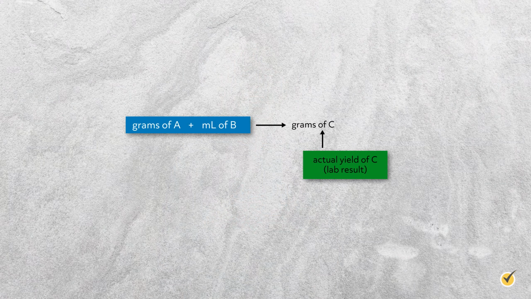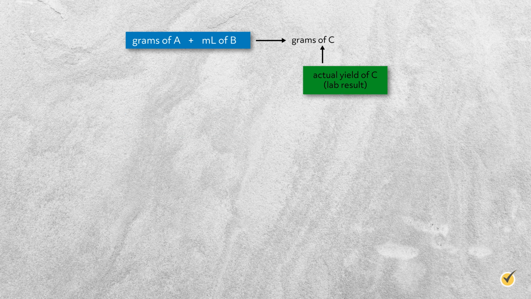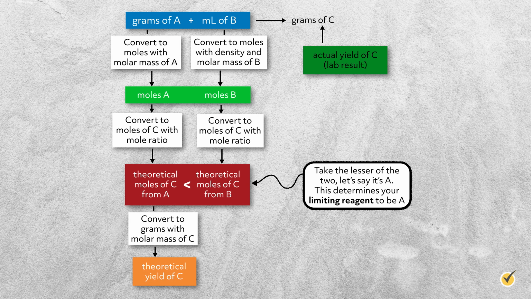All right, before you try an example on your own, let's review the steps we took to calculate the percent yield for our banana oil reaction. First, we went to the lab, ran the reaction, and found our actual yield. Second, we calculated the theoretical yield. To do this, we converted our reactants to moles, and then using the mole ratio from the balanced chemical equation, converted to theoretical moles of product.